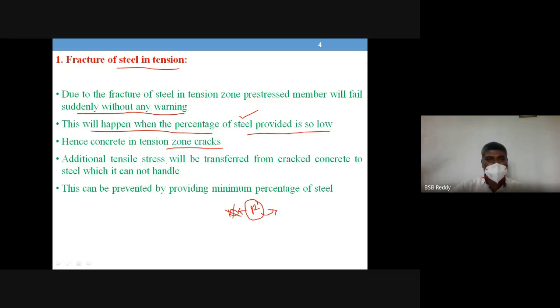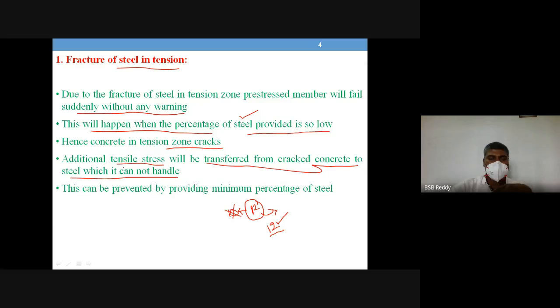This additional tensile stress is transferred from cracked concrete to the steel, which it cannot handle because you have not estimated it. You just provided nominal steel, thinking 10 megapascal would be taken by concrete and only 2 megapascals would remain, for which you provided a very low value of steel. Now, instead, 12 megapascal has come onto the steel. That is a problem.